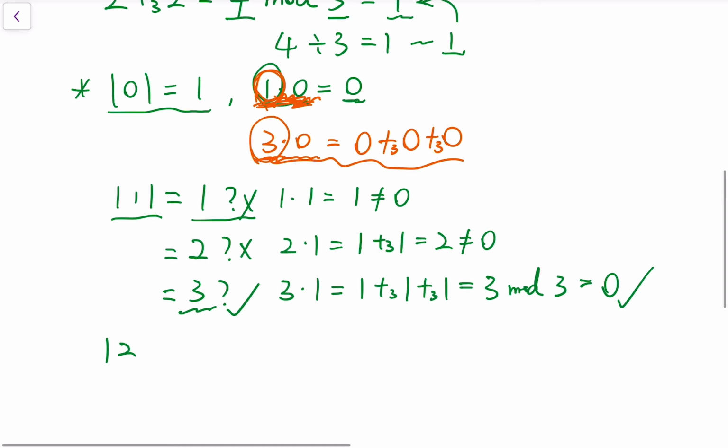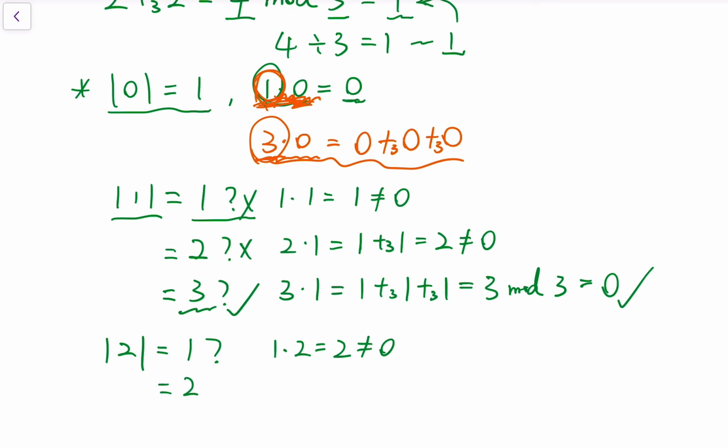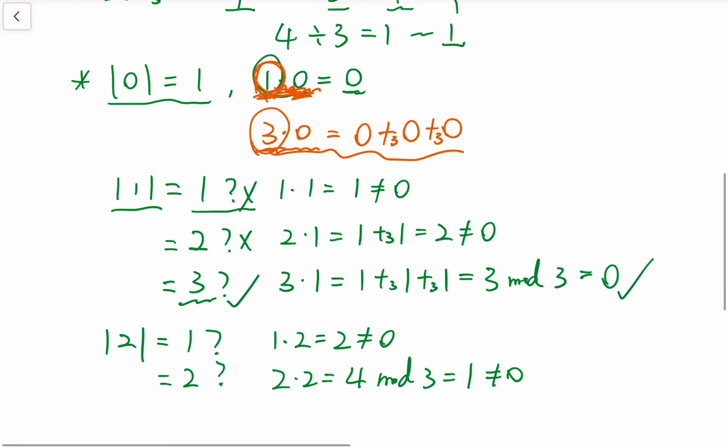Similarly, the order of 2 can be found with the same steps. Is it 1? No, because 1 times 2 is just 2. It's not equal to 0. How about 2? 2 times 2 is actually 4 mod 3, which equals 1, not 0.